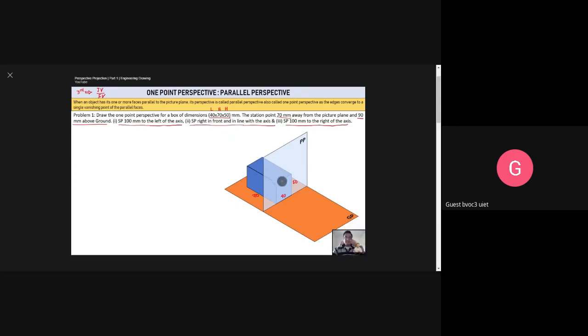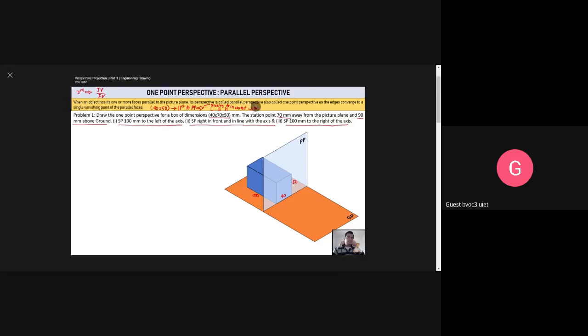What we've basically done is, we've kept this face, the 40 by 50 face, which is something we've assumed, parallel to the picture plane. This is not the profile plane, by the way, this is the picture plane. And it is sticking, or in contact, you can say, with the picture plane. If it is in contact or at a certain distance away, it will still remain parallel.